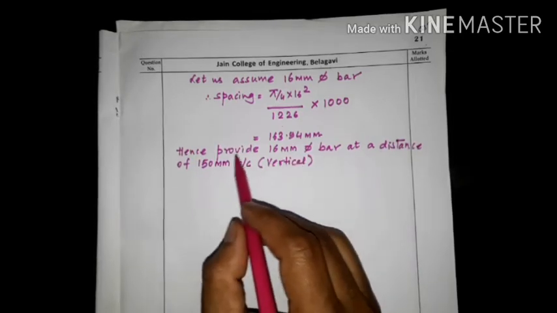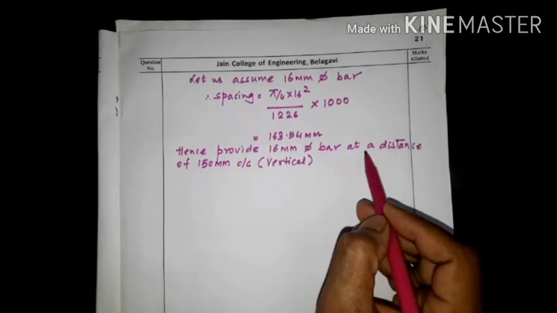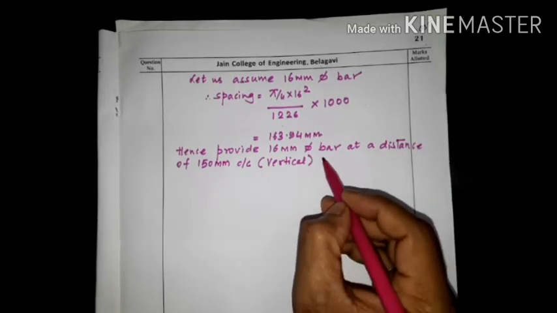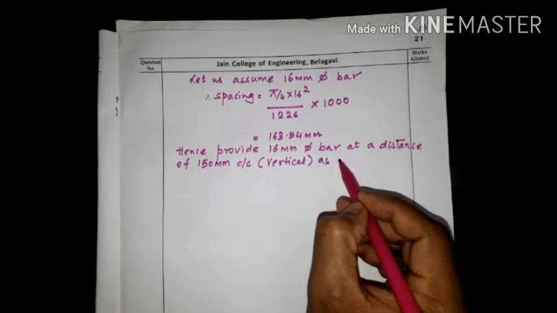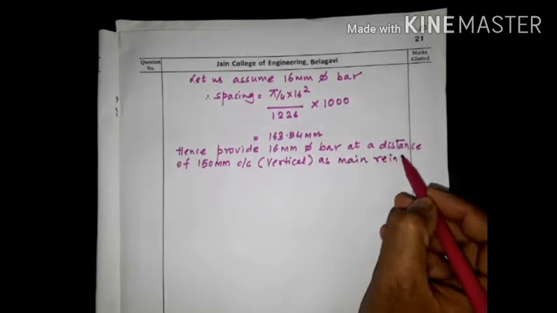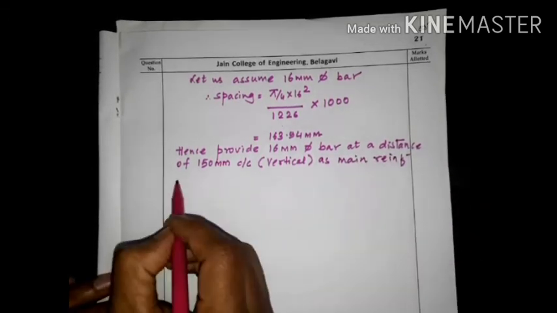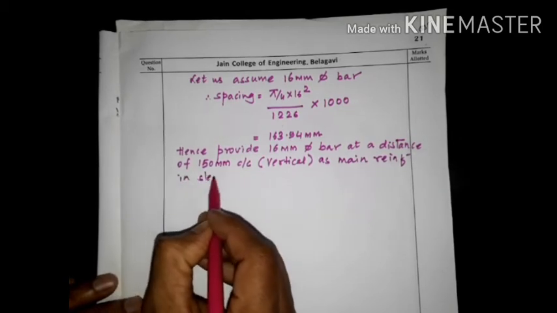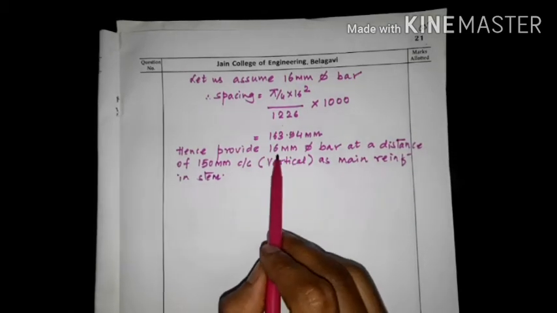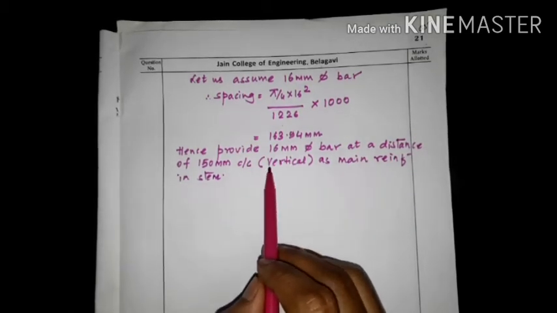So provide 16 mm dia bar at a distance of 150 mm center to center in bracket vertical as main reinforcement. Vertical means main reinforcement in stem.